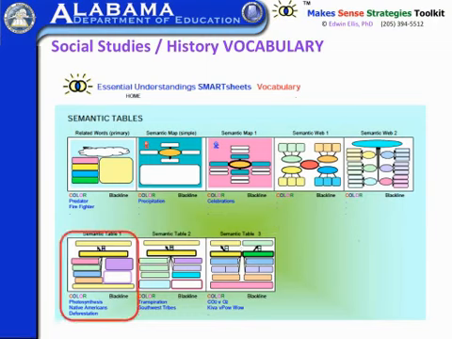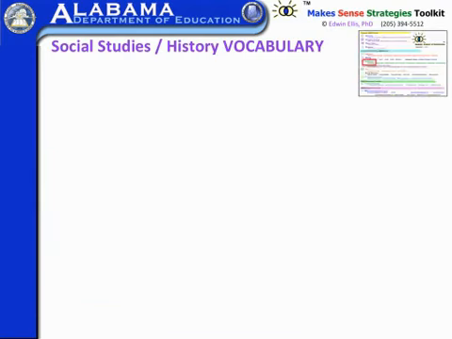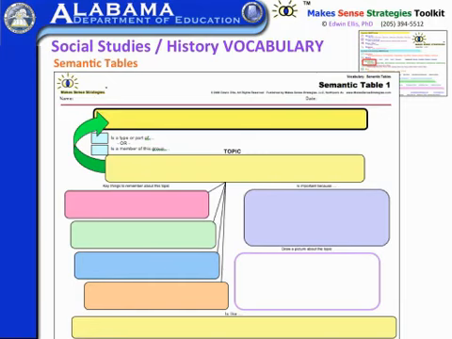One I want to point out here is called a semantic table, and we'll take a look at how those work. All right, so you have your topic or term. This term is a member of this group, or a type or a part of this bigger thing. You choose between the two, because all terms are going to be part of something bigger.